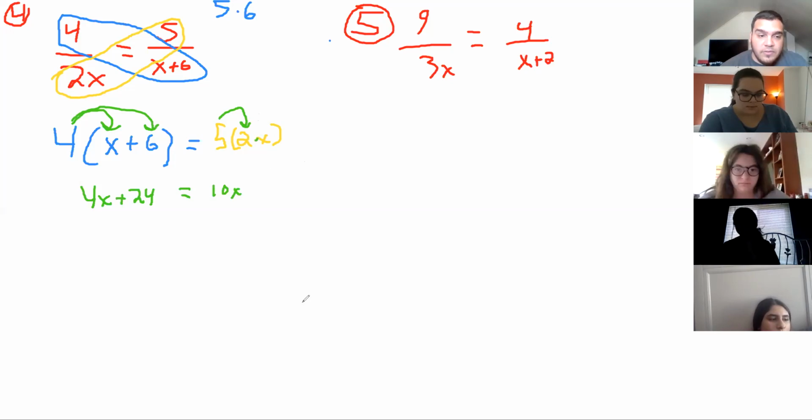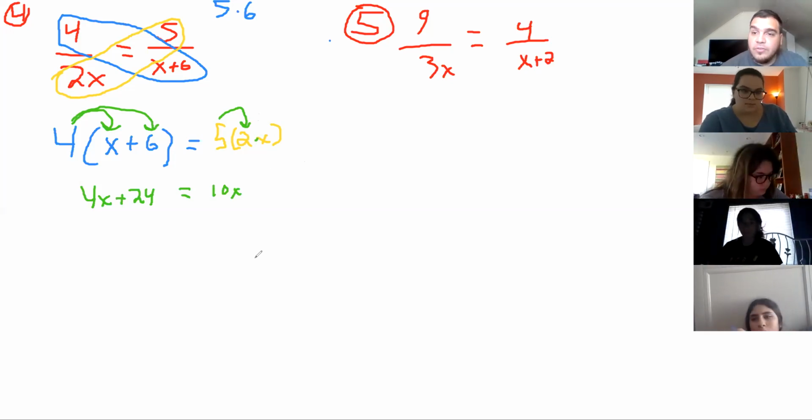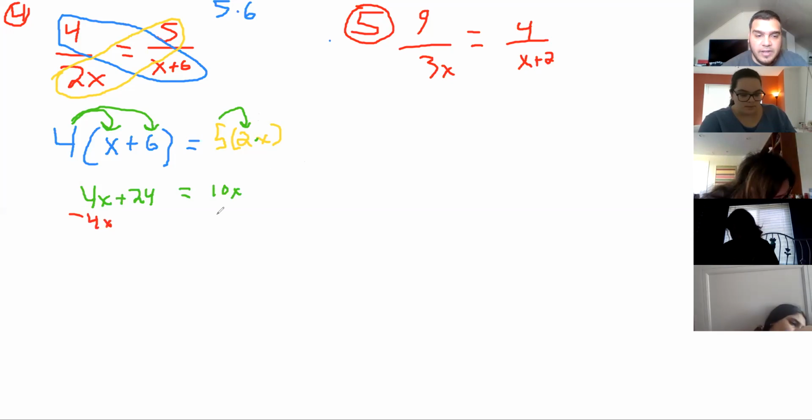All right. So something I don't like is having 2 x's. So in order to fix that, I'm going to take this x over here on the left and subtract 4x on both sides. The reason I do that is because it reduces into one type of x only, and I like to move the smaller x out of the way. So 10x is bigger than 4x, so I'll move the 4x to the left.